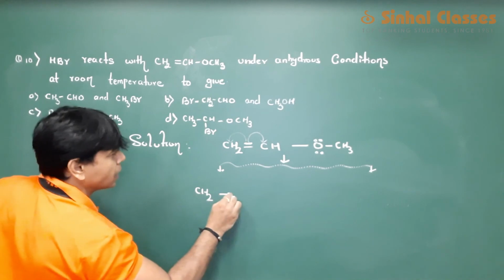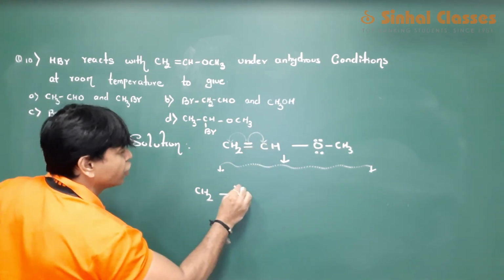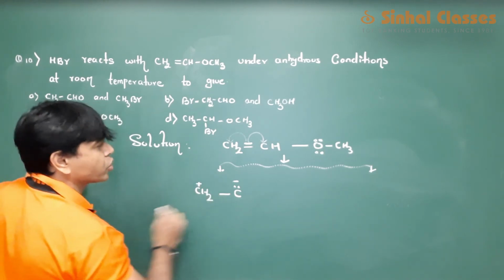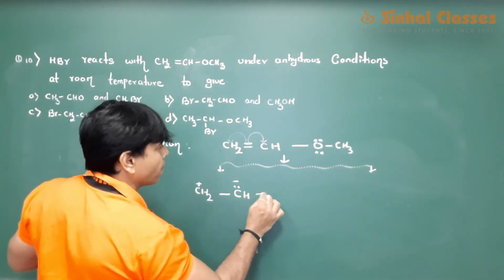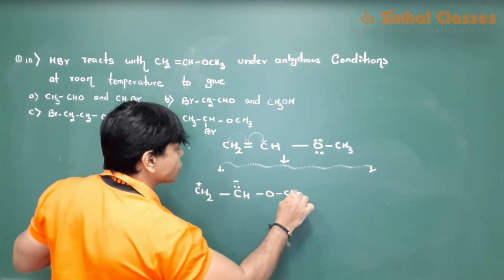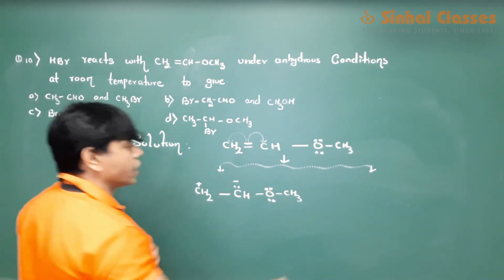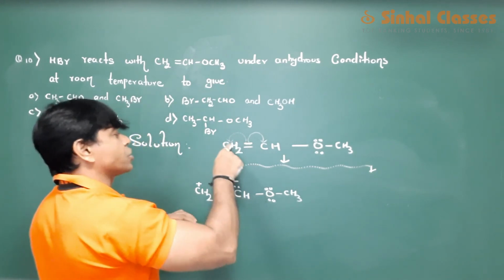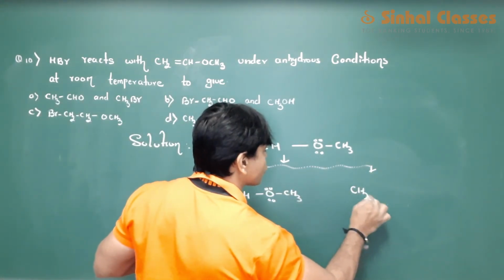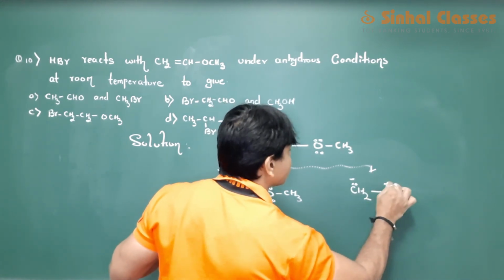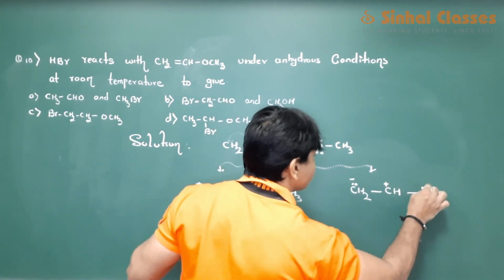Either the electron shifts here, so this gets a negative charge and this will get a positive charge, OCH3. And the second condition is the electron can shift in this direction, so it is CH2 minus, and here will be the carbocation form.